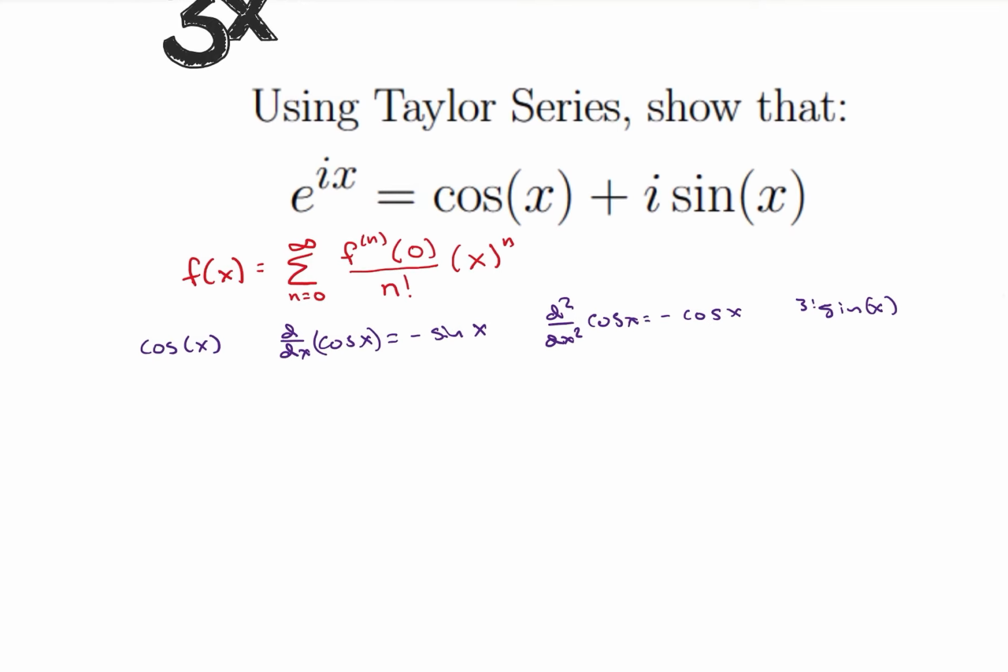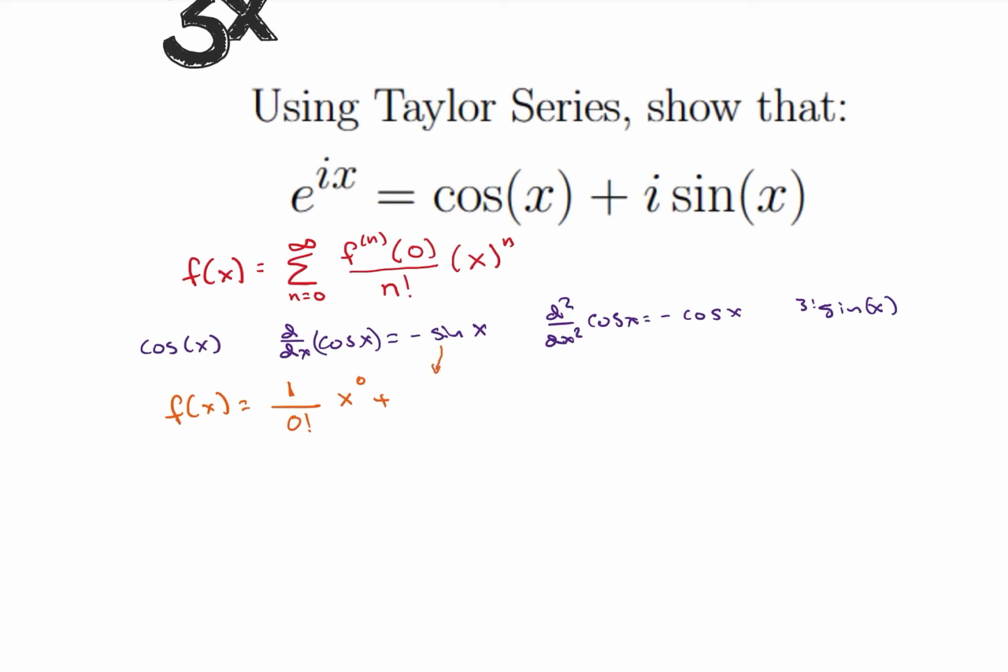So when I write out this expression, I can say that f of x is going to be equal to the first term. My 0th derivative is just my function, so cosine of 0 is going to be 1, divided by n factorial, which is 0 factorial, times x to the 0, plus negative sine.